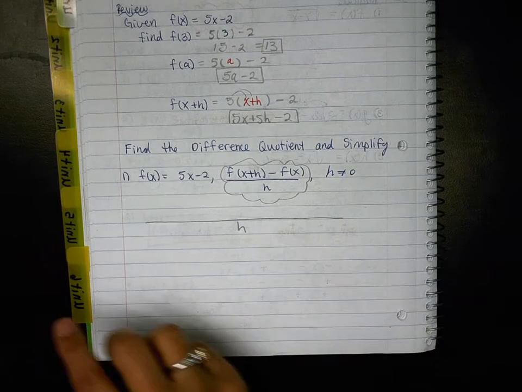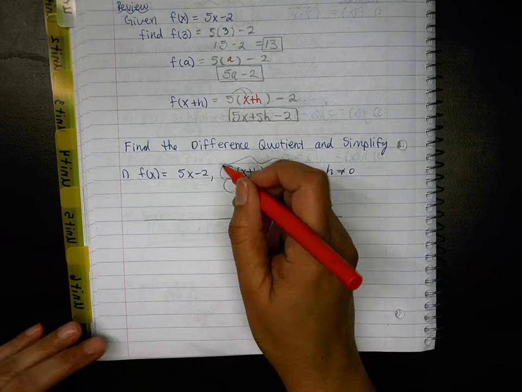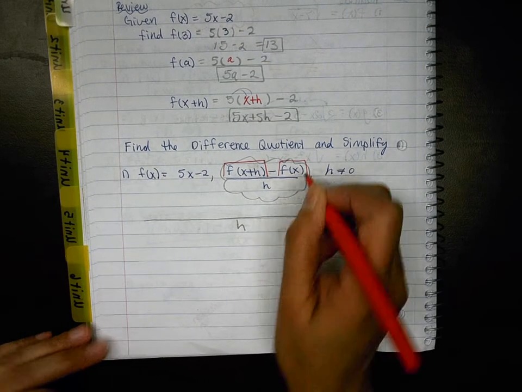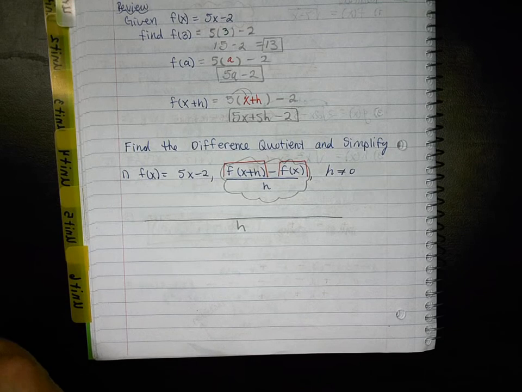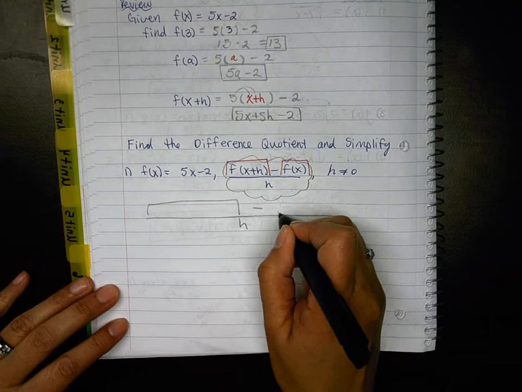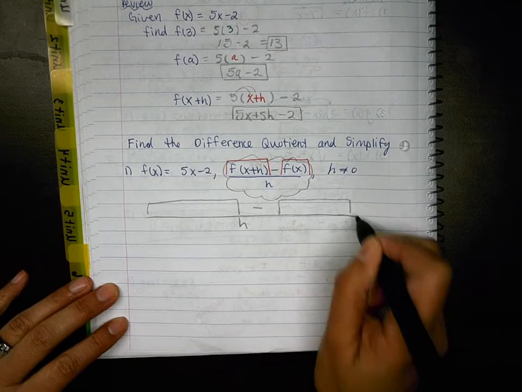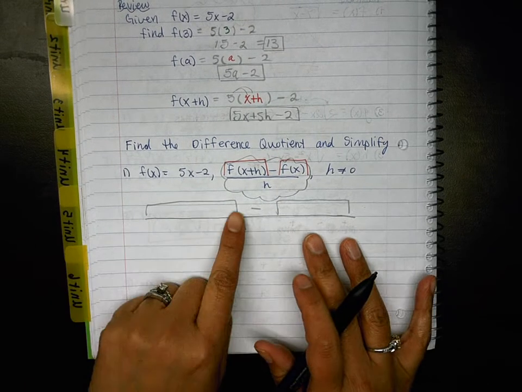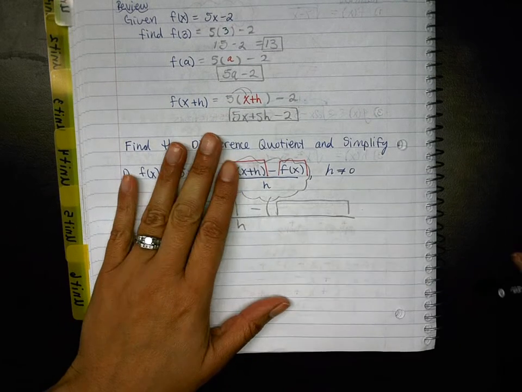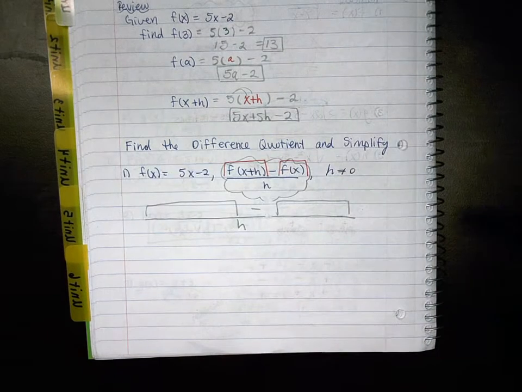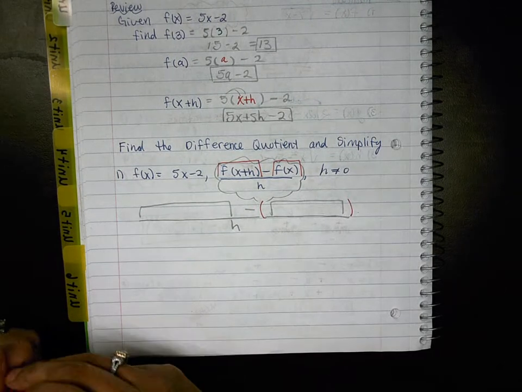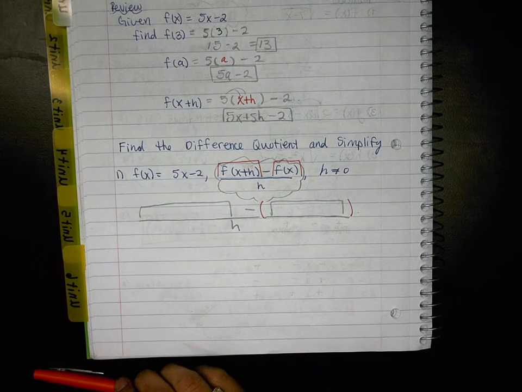Do you see where I have this f of x plus h minus f of x? That's what I'm going to have at the top. Now, since this piece is to the right of the minus sign, I always have to put it in parentheses. I'm going to put it in red so you can see it. That always goes in parentheses because I will have to distribute the negative.